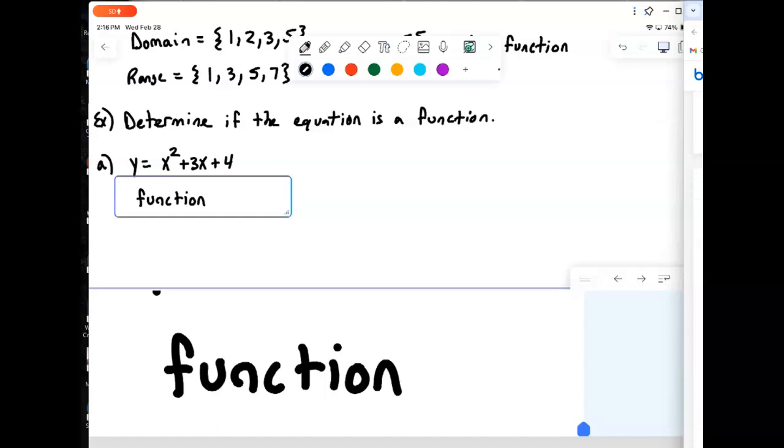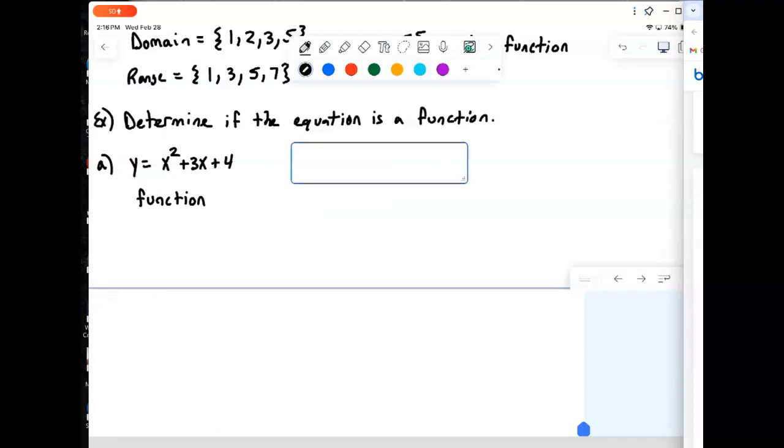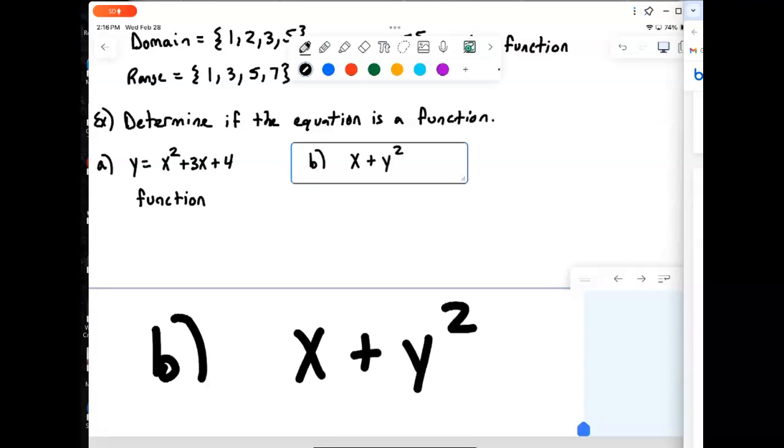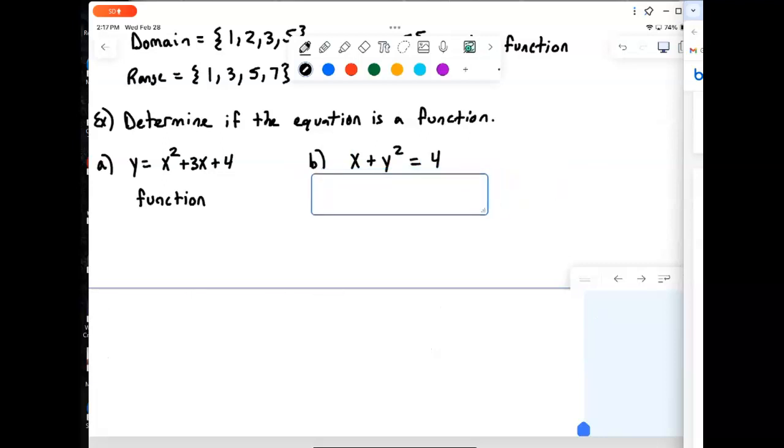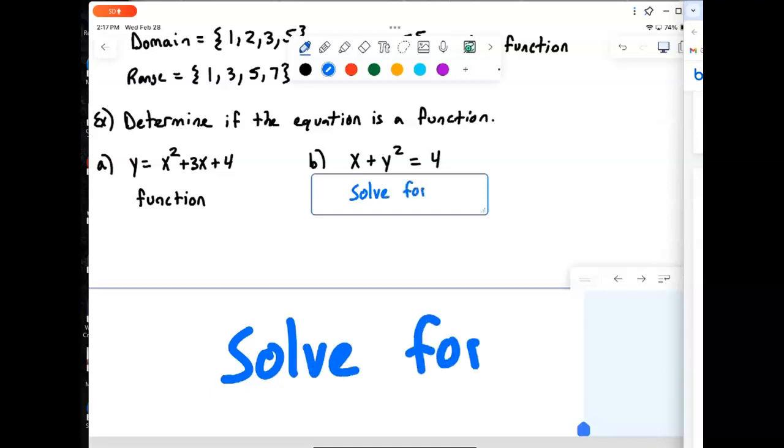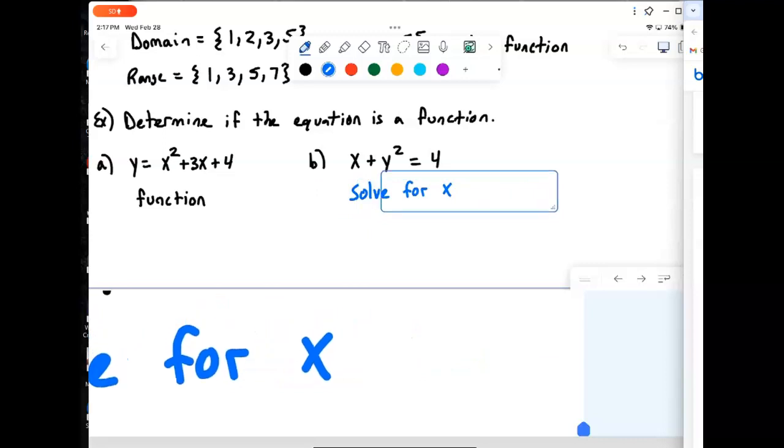On the other hand, consider an equation like this: x plus y squared equals 4. Let's begin by trying to solve this equation for y. Right? Because we're going to try to see, given an x value, can we get different answers for y? So not solve for x, solve for y.